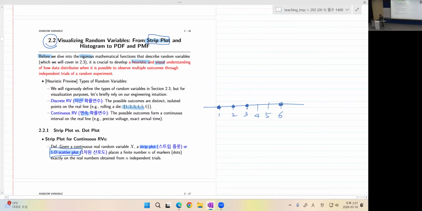That's why the dot plot 점도표 allows you to put dots this way or even that way. You can stack upwards if horizontally putting dots is misleading. Got it? So anyway, there are many heuristic ways.